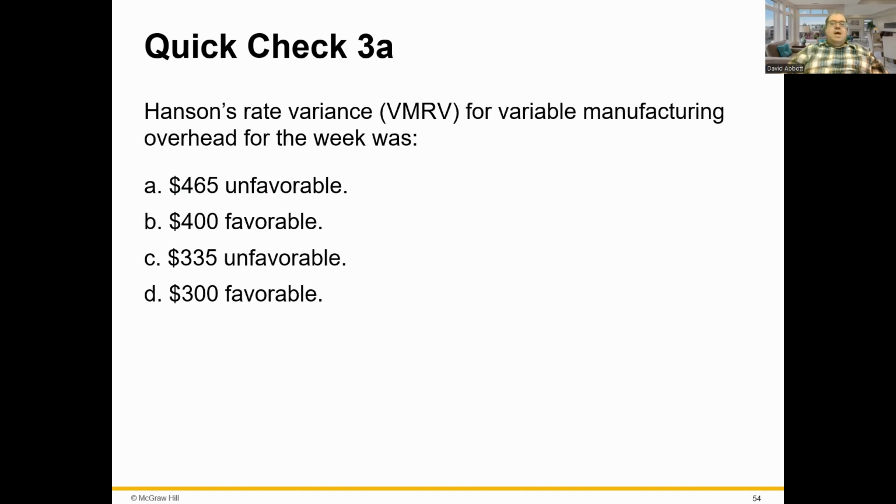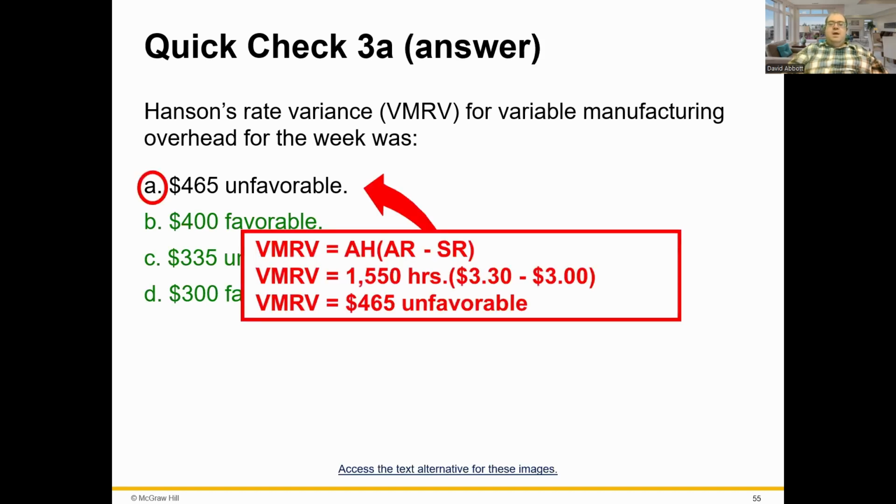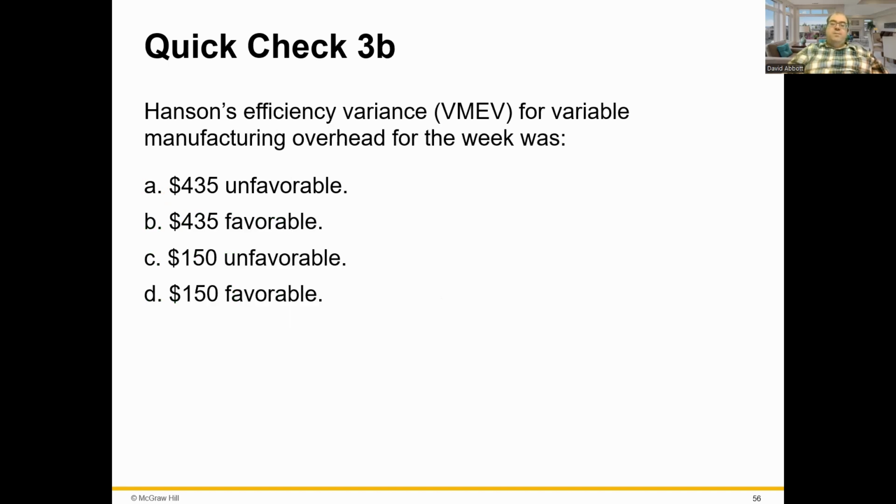And so Hansen's rate variance for the variable manufacturing overhead for the week would have been $465 unfavorable. So you're going to take the 1,550 hours that they used, multiply that by $3.30 minus $3, or 30 cents. So 30 cents times 1,550 is going to be $465, and that's unfavorable.